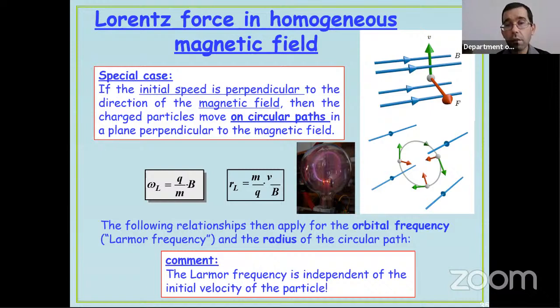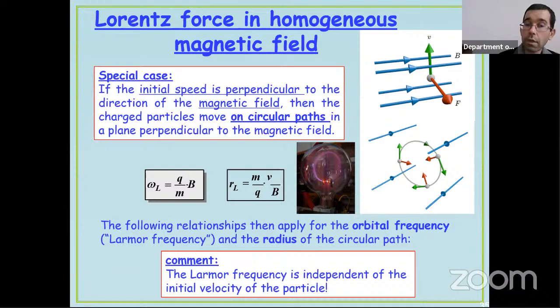In this case, the particle will move along a circular path. What's more, the angular frequency of this movement is also characteristic. This is called the Larmor frequency. This angular frequency is directly proportional to the charge of the object and to the magnetic field, and it is inversely proportional to the mass of the particle.